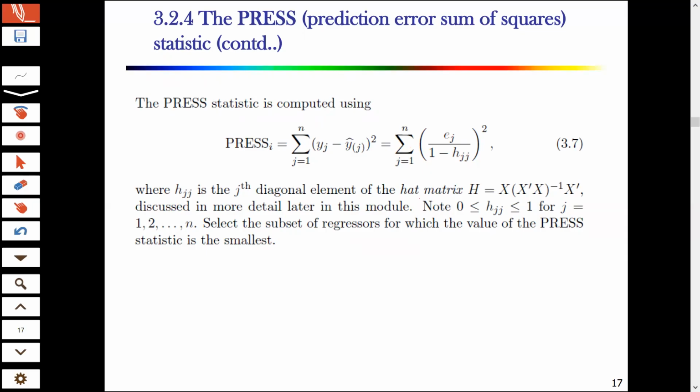Hjj is the jth diagonal element of the hat matrix, and this is always between 0 and 1 for any j value. Select the subset of regressors for which the value of the Press statistic is smallest.